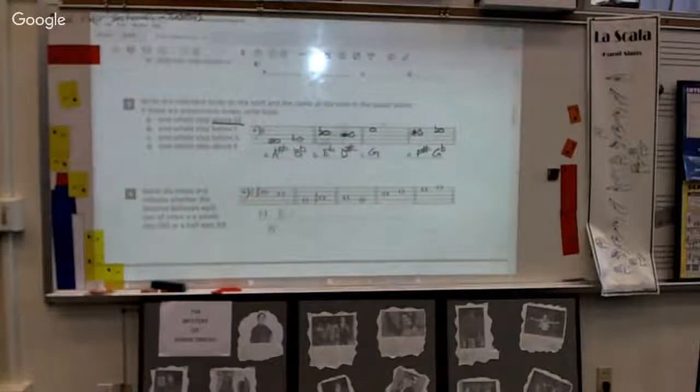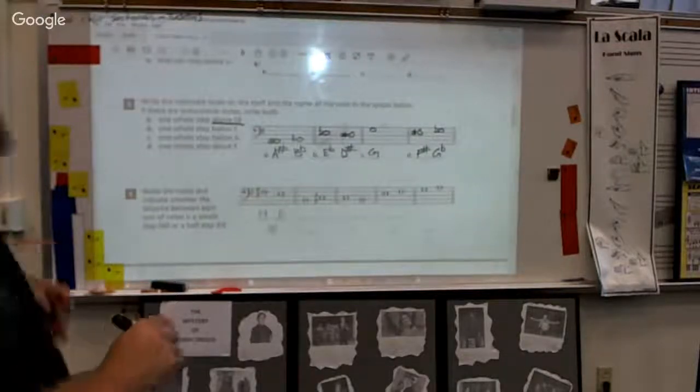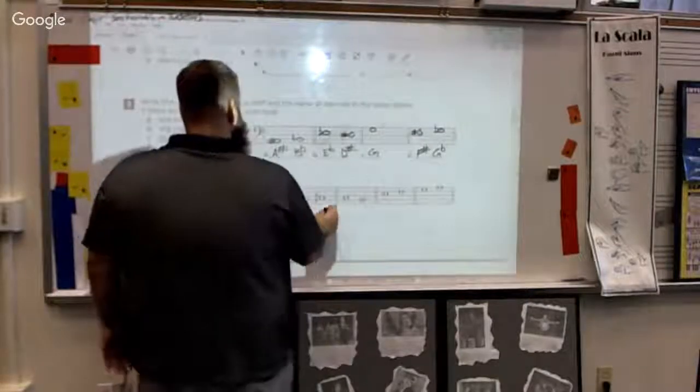Name the notes and indicate whether the distance between each pair of notes is a whole step or a half step. So the first thing we need to do is name all the pitches. Take care of that first. Good boys do fun always.